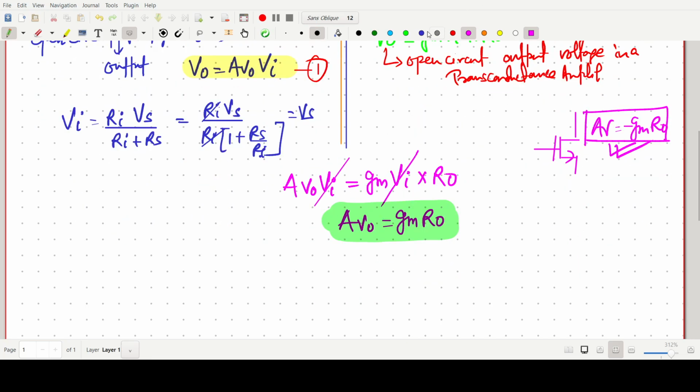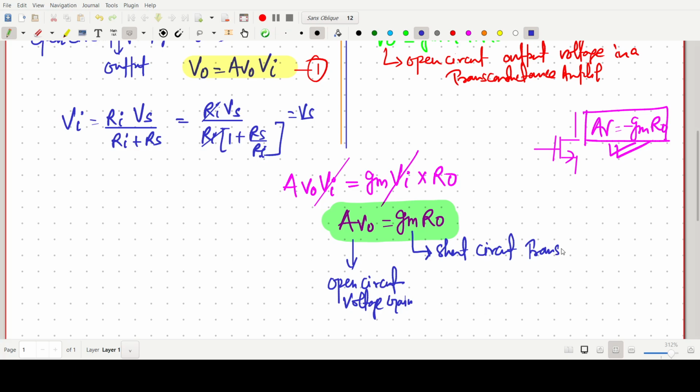Here, this one is the open circuit voltage gain, and this Gm is our short circuit transconductance gain. In this case of the open circuit voltage gain, I naught equals 0. In the short circuit case, the output voltage V naught equals 0.